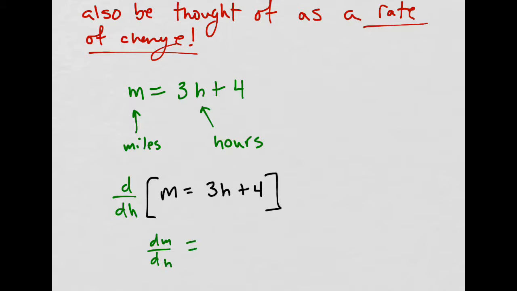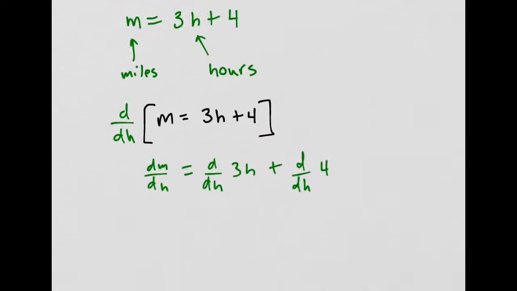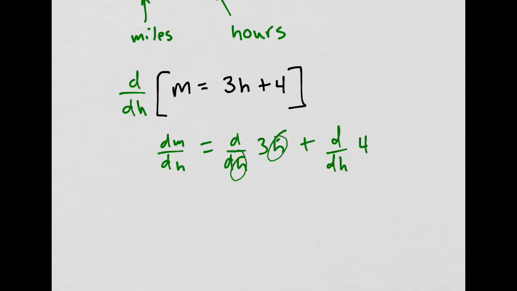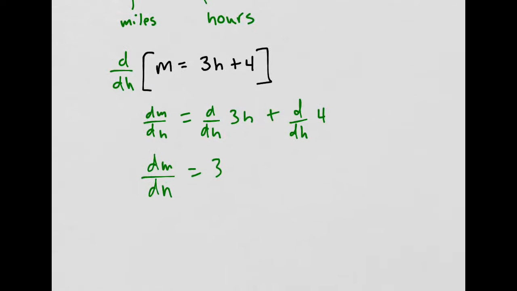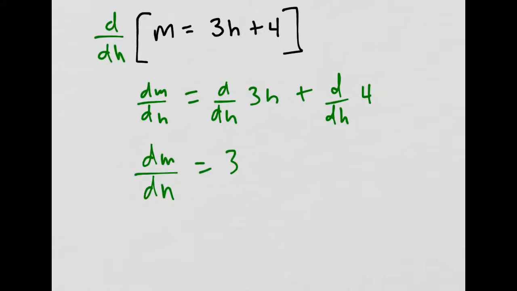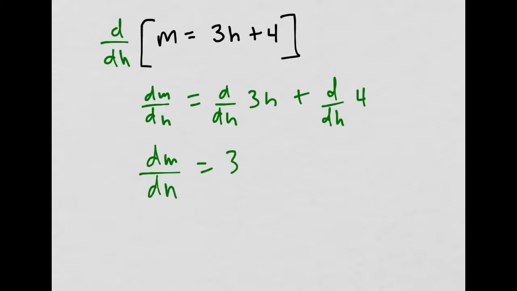If we had d/dh of 3h plus d/dh of 4, these correspond with each other. So we have just 3, and then that would be 0, because the derivative of a constant is 0. So the change in the miles with respect to the change in the hours is 3, otherwise known as 3 miles per hour.